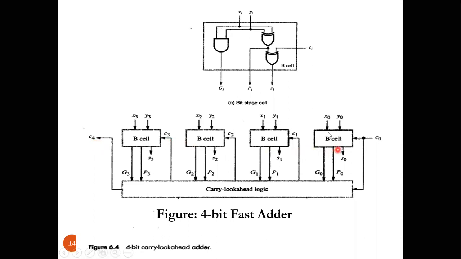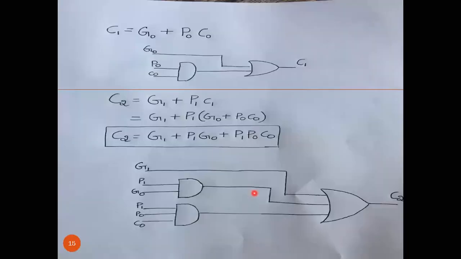Now we have to see in this fast adder circuit whether all my carries will be generated in parallel by using the carry equation. The logic involved in this is called carry look ahead. The name itself indicates you're going to look at the carry ahead. So let us take the equation of the carry and work on it.